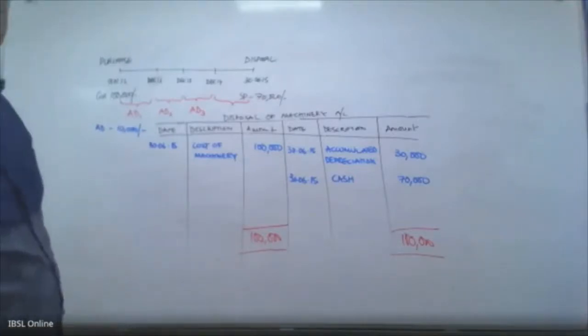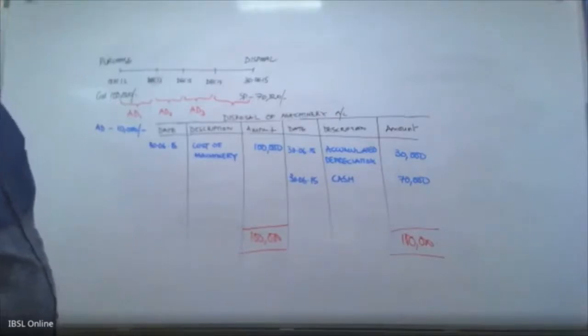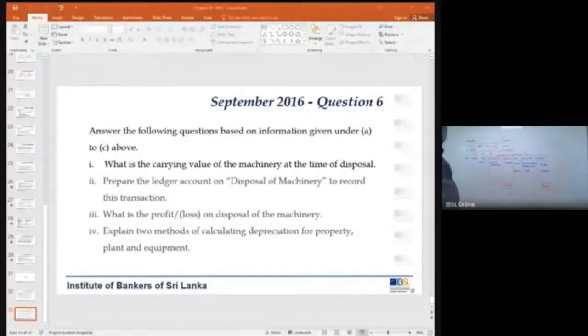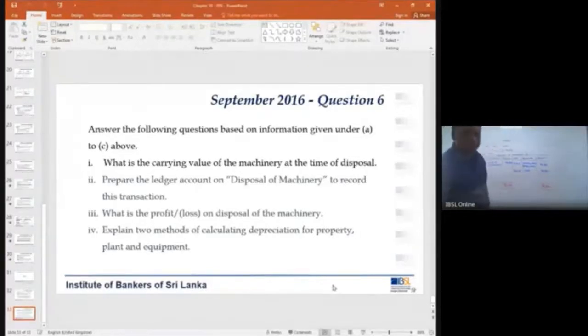So if we go back to the question, what is the profit or loss on disposal of the machinery? The last part of the question is to explain two methods of calculating depreciation, which we have already learned.